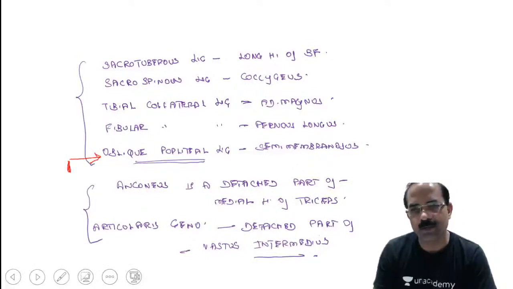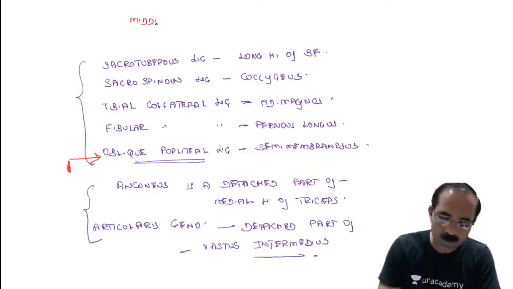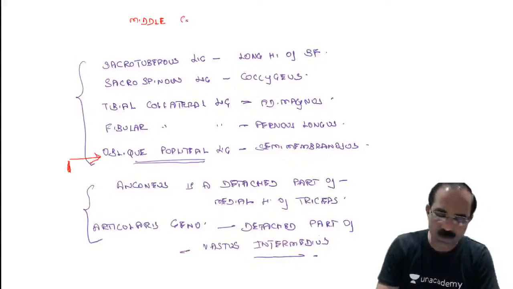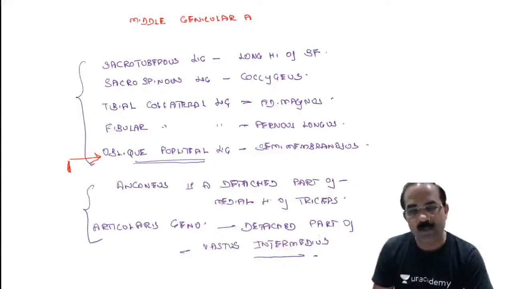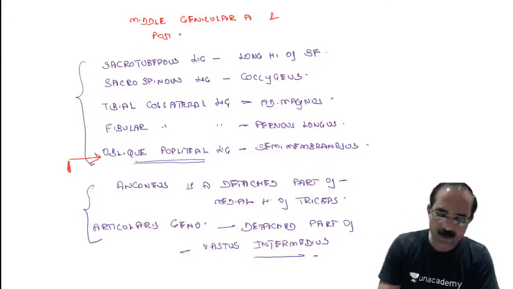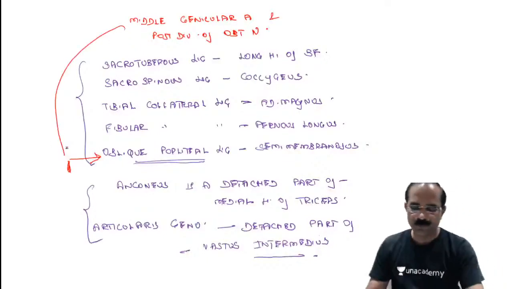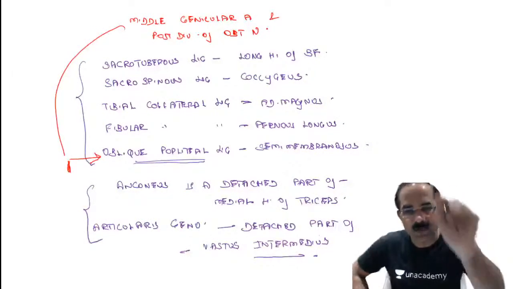Oblique popliteal ligament is pierced by the middle genicular artery. Middle genicular artery, that's a branch of popliteal artery. It's the middle genicular artery and the posterior division of obturator nerve. Just remember this, students. So oblique popliteal ligament is pierced by middle genicular artery.